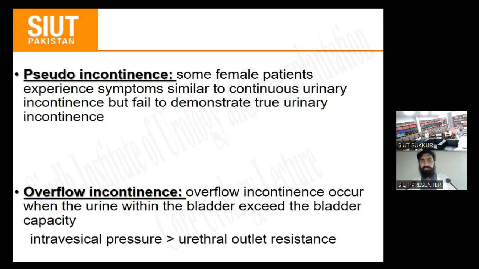Pseudo incontinence: some female patients experience symptoms similar to continuous urinary incontinence but fail to demonstrate true urinary incontinence. Overflow incontinence occurs when the urine within the bladder exceeds the bladder capacity; intravesical pressure is more than urethral outlet resistance.